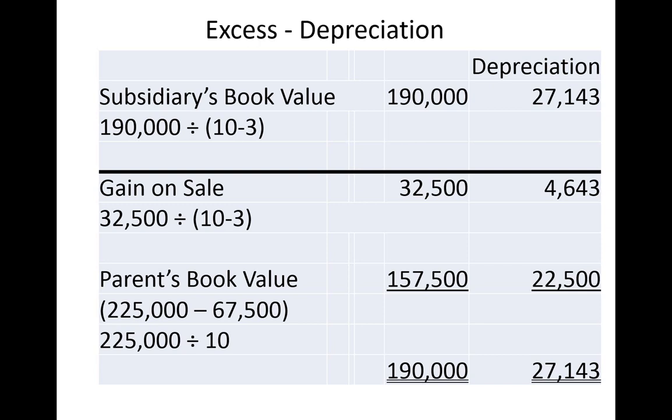That gives us the $27,143. So $22,500 plus $4,643 gives us $27,143. So what happens is the subsidiary is taking more depreciation than would have been taken had the sale not taken place.